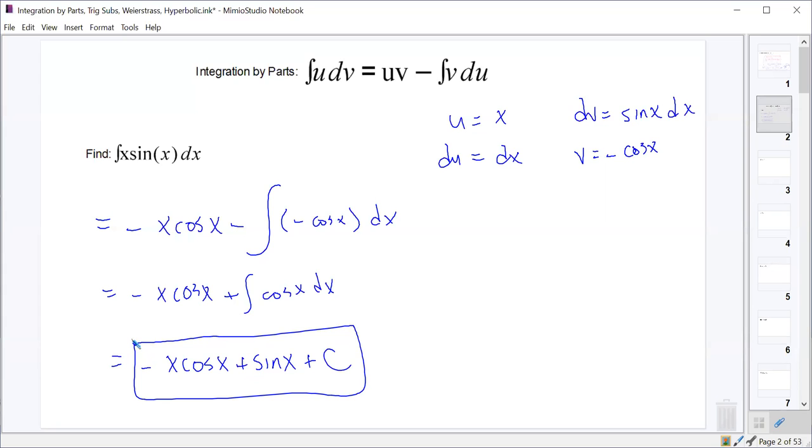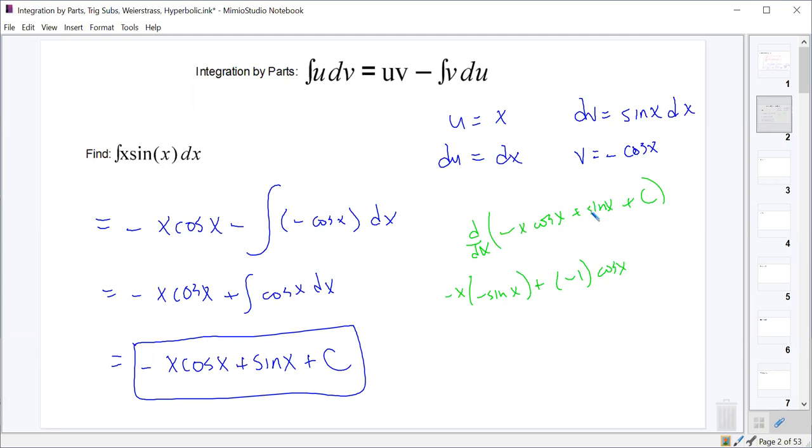using integration by parts. And if we wanted to check our work on this, we could just real quickly go in and take the derivative of what we got, negative x cosine x plus sine x, plus c, I guess, if we want. And that should give us negative x times the derivative of cosine, which is negative sine. And then plus the derivative of negative x, which is negative 1 times cosine.